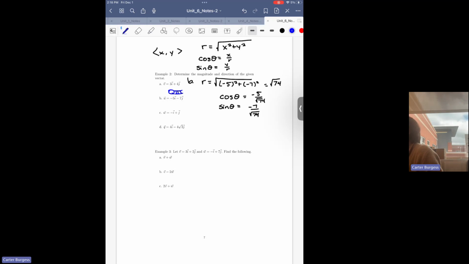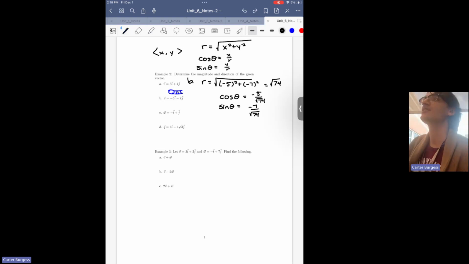They have to be positive, exactly. So rather than rewriting these directly as trig statements, which would take us to the second quadrant and the fourth quadrant respectively, we are instead going to take the absolute value. That'll be our reference angle. And then from there, we should be able to just add pi, and that'll rotate us to where we need to be. So in this case, the theta is going to be equal to.